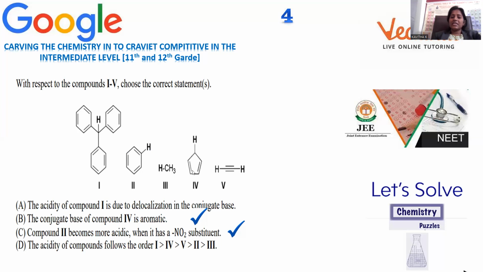If you see this compound, one of the carbons is sp3 hybridized, so we can't say this is aromatic. This is a non-aromatic compound because one of the carbons is sp3 hybridized. Here you can find no double bond, no carbocation. So this is non-aromatic. But they are saying conjugate base, so let's pull one hydrogen from this.